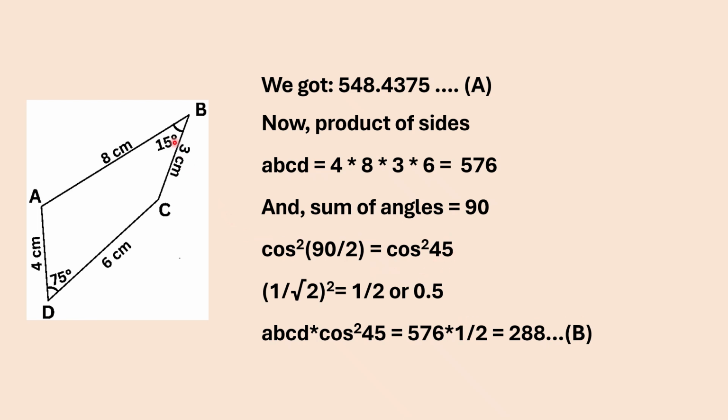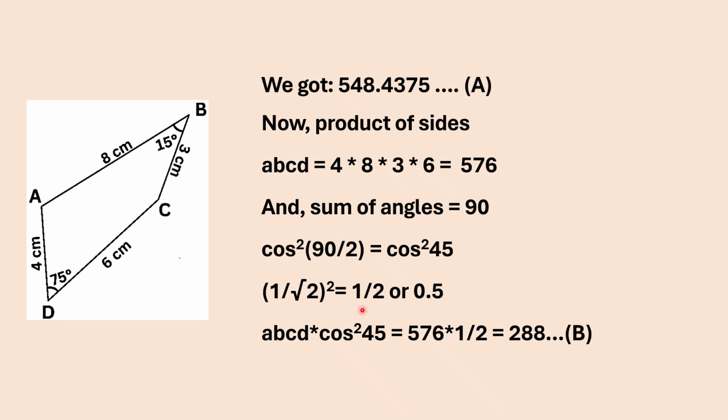The two angles given are one pair of opposite angles, 15 and 75. The total is 90, and half of that is 45. So we need cos square 45, where 45 is half of the sum of the angles. Cos 45 is 1 by root 2, so cos square 45 would be 1 by root 2 whole square, that is 1 by 2.